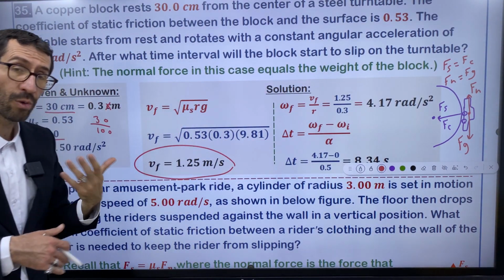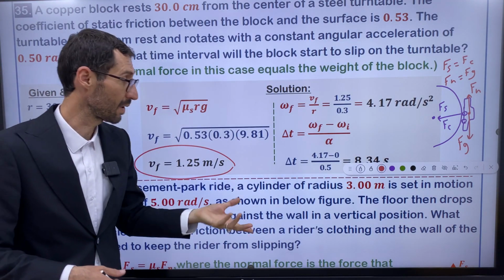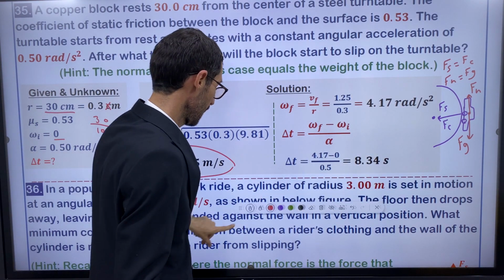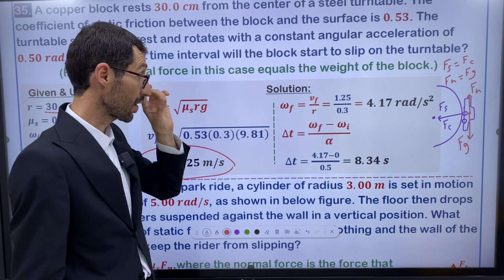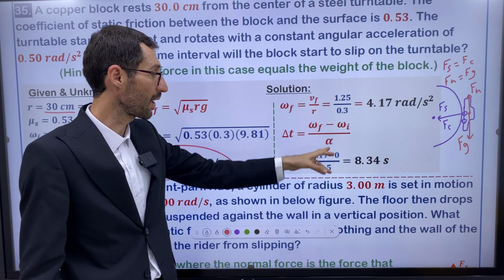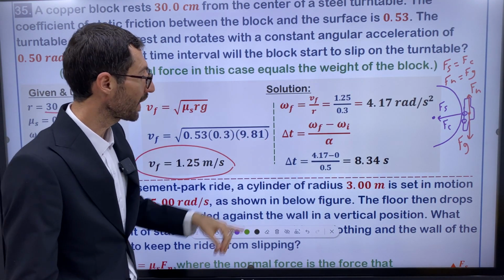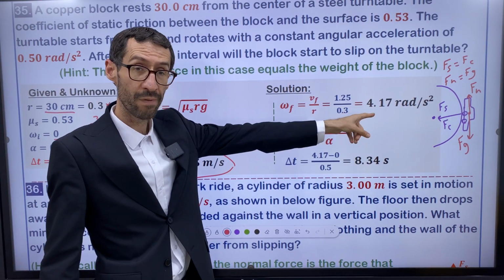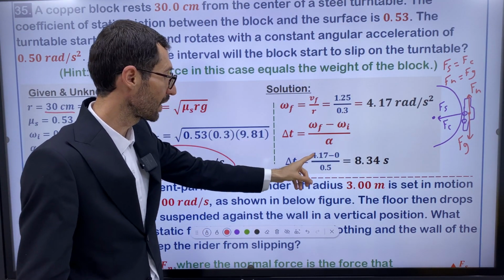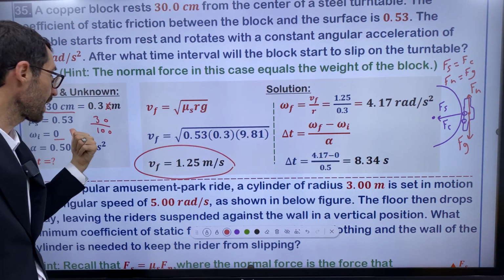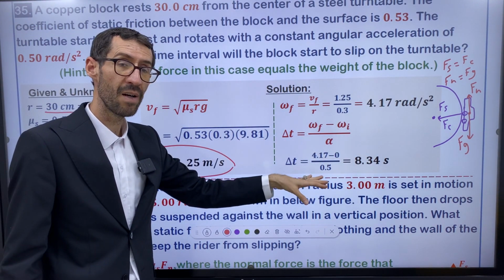So we are about to finish. We are very close to the answer. One more step is left actually. Delta t is equal to omega f minus omega i divided by alpha, right? We already found omega f, 4.17, minus omega i is equal to 0, divided by alpha.